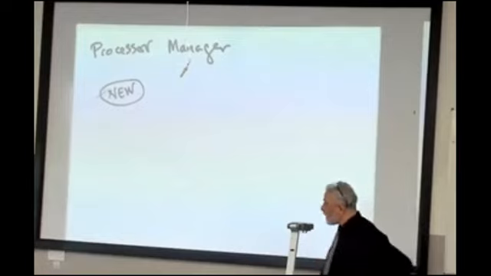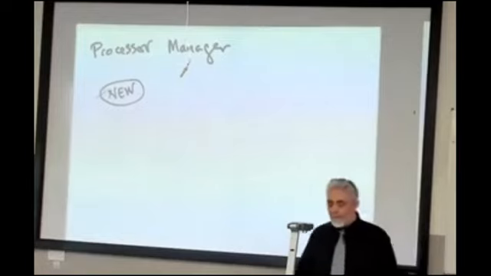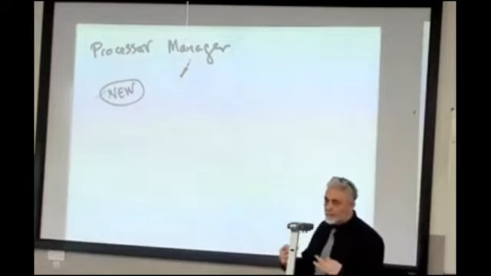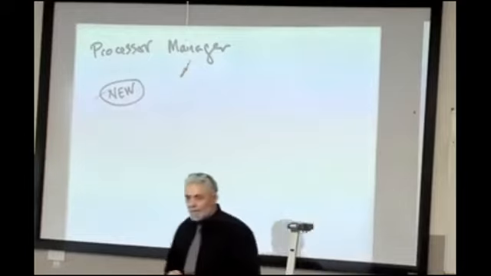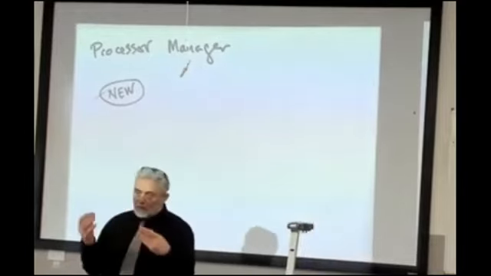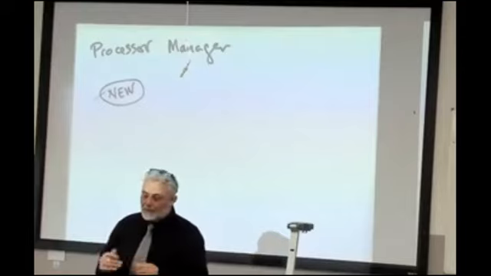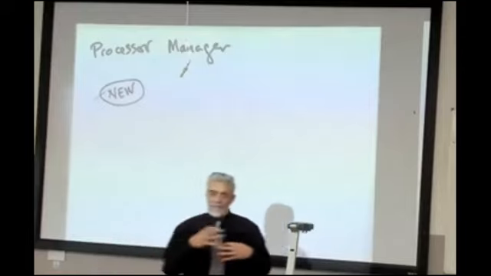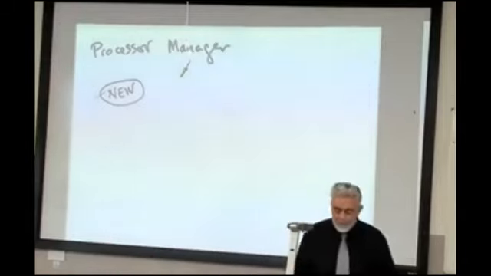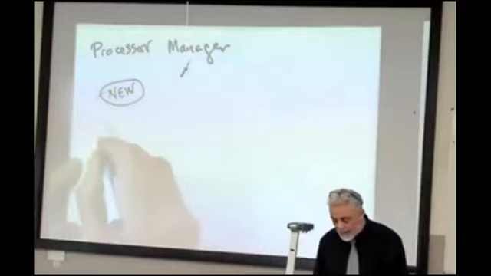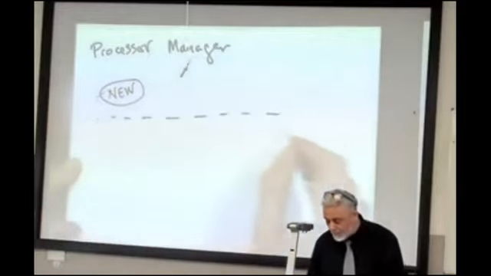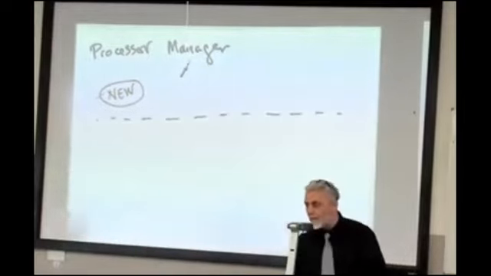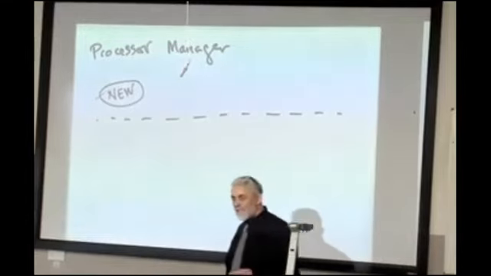So a program in a new state is received by part of the processor manager. In fact, the processor manager in most operating systems will probably split itself into 2 or 3 sections. And the main task of a processor manager is scheduling.